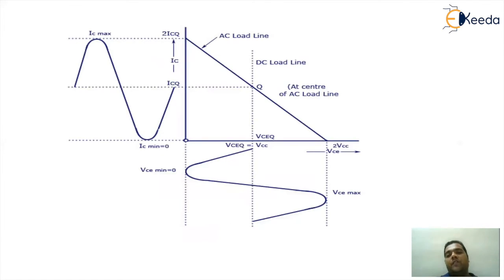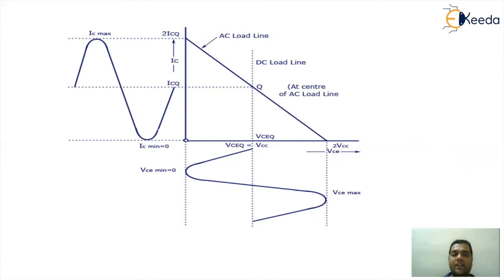If you observe the position of the Q point, since it's a class A circuitry, the Q point will be placed at the center of the load line. The VCEQ will lie at VCC, which implies the peak height of the signal is VCC. So the peak to peak height will be 2 VCC, and that will be the maximum limit of VCE. The VCE max can go up to twice of VCC.